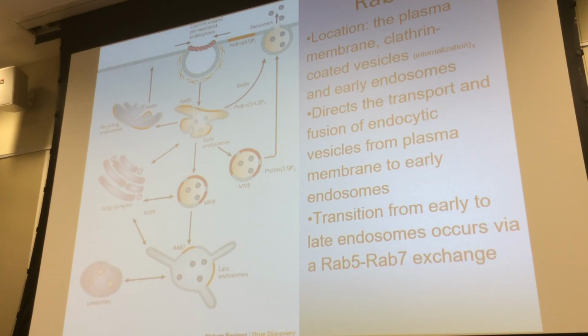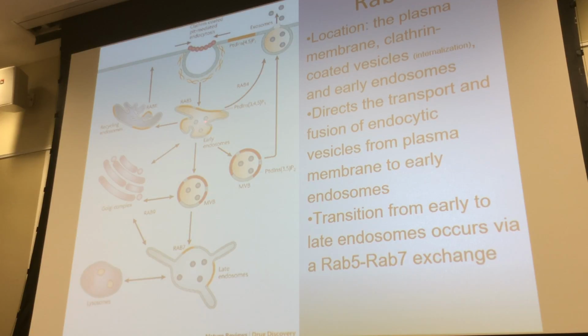So to look at that in a little bit greater detail, here's our Rab5. It's located beginning on the plasma membrane because the little Rab5 vesicles can bud off and go join this as it begins to internalize. But then it is the hallmark of the early endosomes.